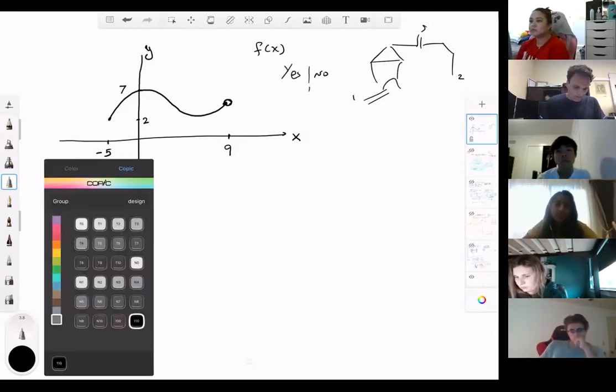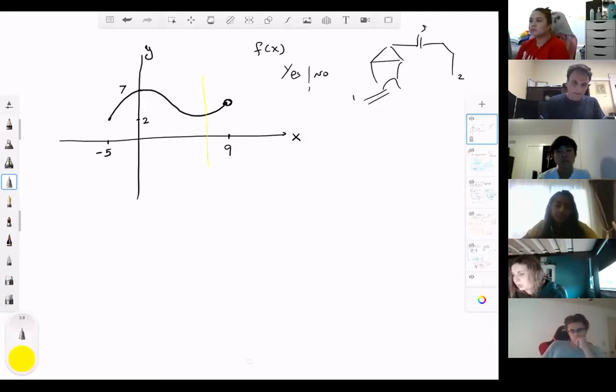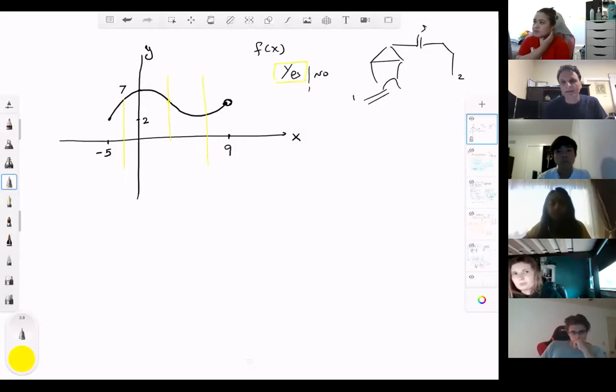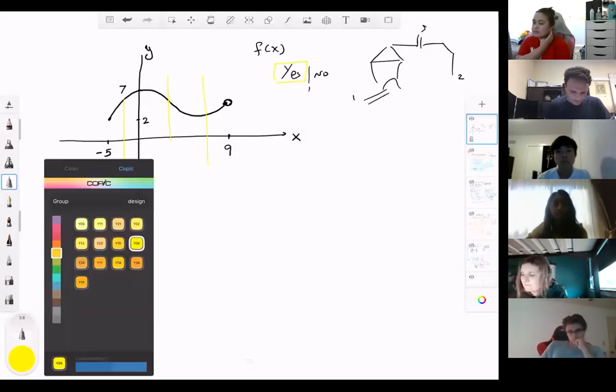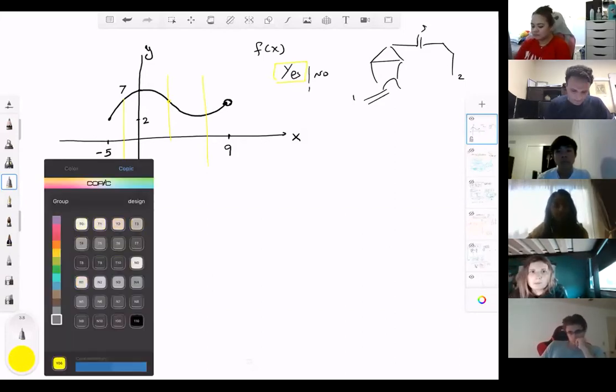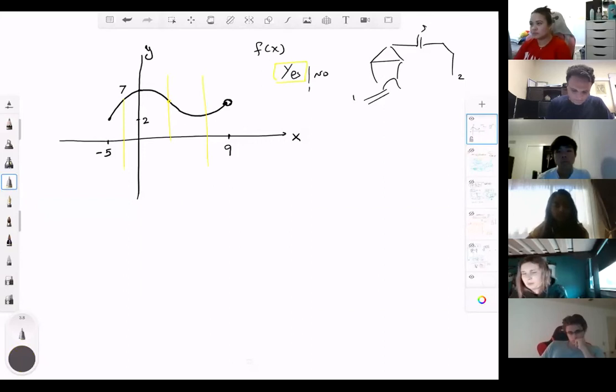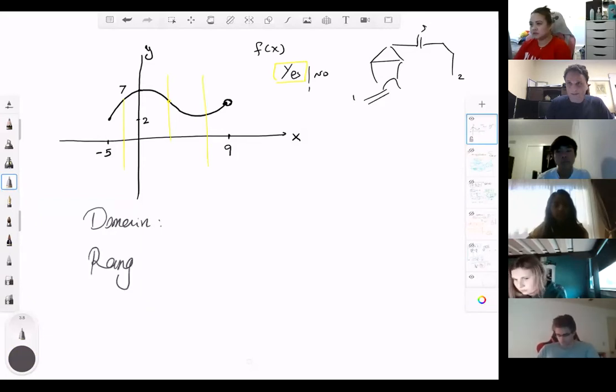With the vertical line test here, it passes. It crossed only at one point, so this is a function, which is great. Now can you guys tell me what is the domain of this function? What's the domain and what's the range?